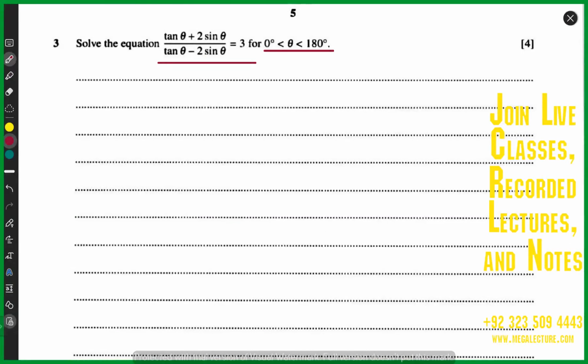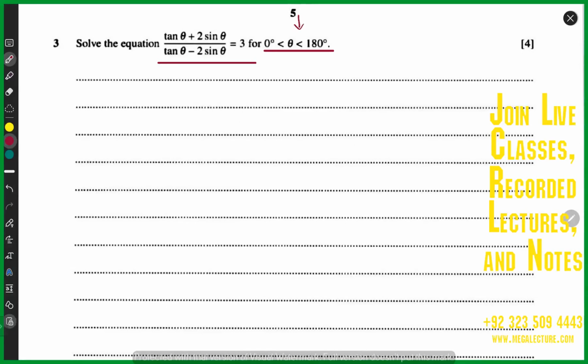Okay, whenever you have been asked to solve the equation, by now you guys know that you need to find the value of the variable that is theta. And in case of trigonometry, you need to make sure that you find all the thetas that are lying within this interval.